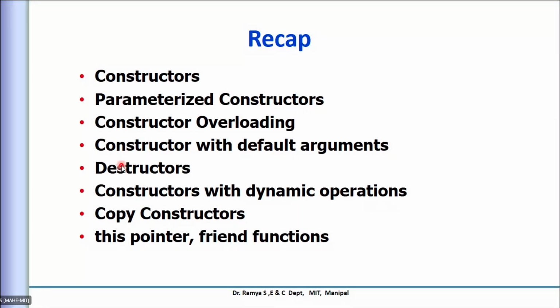By seeing that symbol, the compiler knows this is a destructor, and it will be called whenever the scope ends. We also saw a simple program using dynamic operations, basically using the new keyword to allocate memory, using arrays or pointers to allocate the objects.